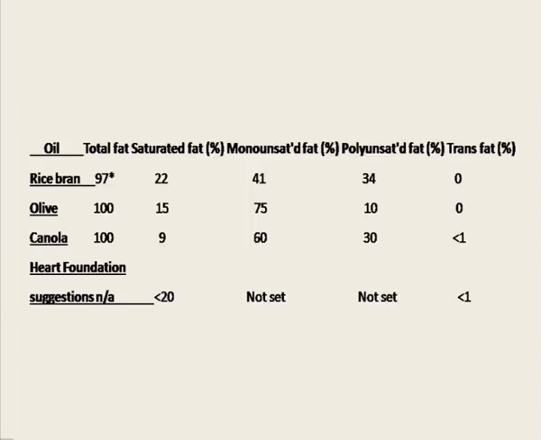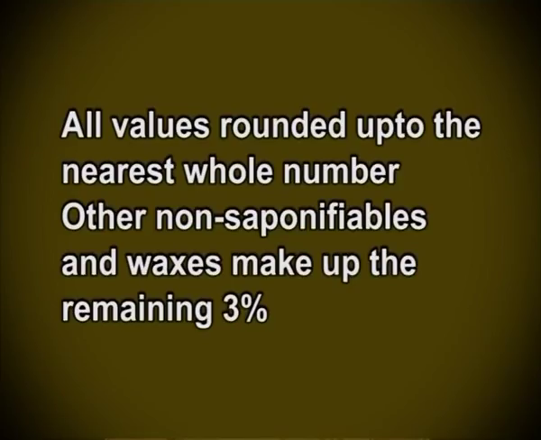Monosaturated fat percent is not set, polyunsaturated fat percent is not set, and trans fat percent should be less than 1%. All values rounded up to the nearest whole number. Other non-saponifiable and waxes make up the remaining 3%.